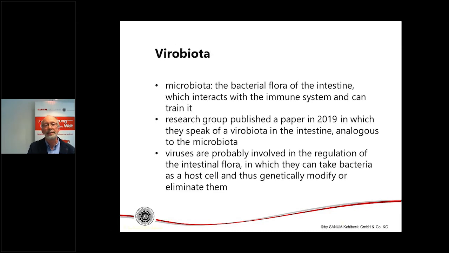Through our food, for example raw food, we constantly ingest many viruses, which also have an important function in the intestine. A French research group published a paper in 2019 in which they speak of a virobiota in the intestine, analogous to the microbiota, the bacterial flora of the intestine, which also interacts with the immune system and can train it.